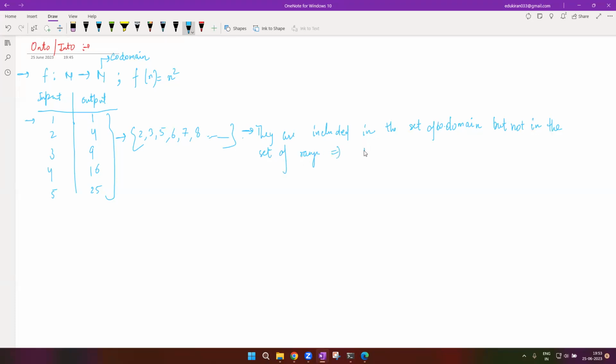Which implies that range, whatever is the range for this function, that is a proper subset of codomain. What does that mean? That the given function is into. Right? The given function is into.